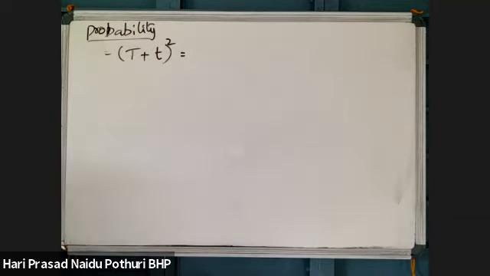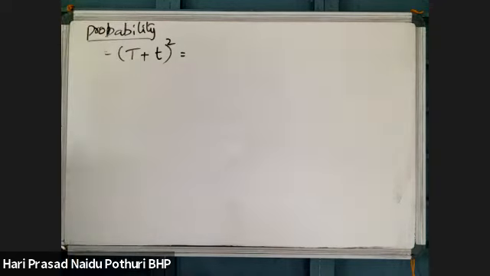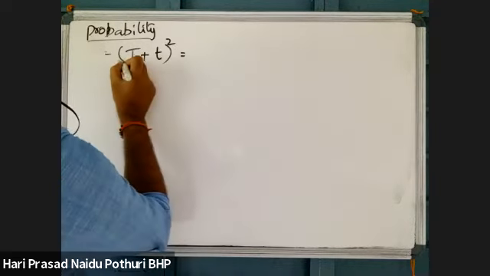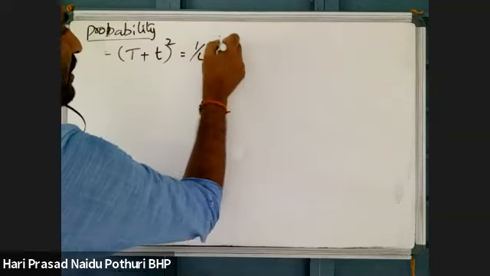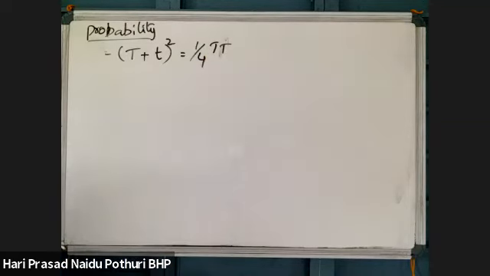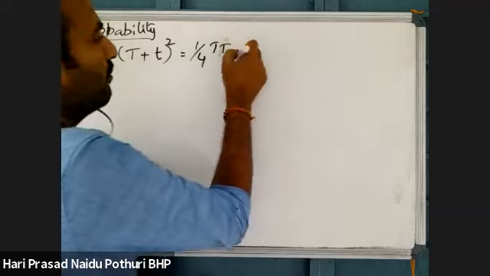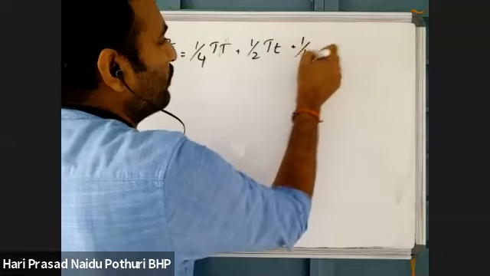What is that? Like a plus b whole square: a square plus 2ab plus b square. Here, this will give T plus t whole square, which means 1 by 4 capital T capital T, plus 1 by 2 capital T small t, plus 1 by 4 small t small t.